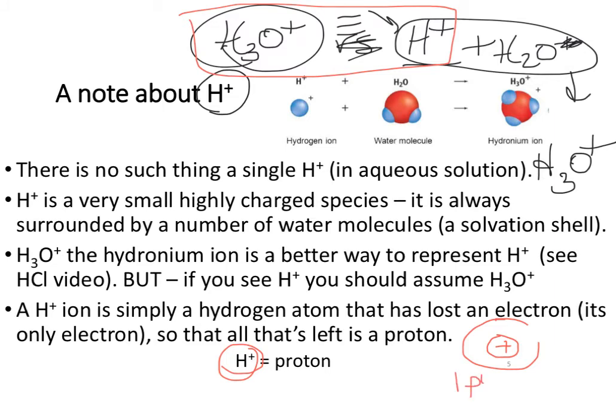And so you will often see the hydrogen ion described as simply a proton. So this is just vocabulary to get used to. Sometimes you're going to see H3O+, sometimes just H+, sometimes just the word proton, and they are all considered equivalent.